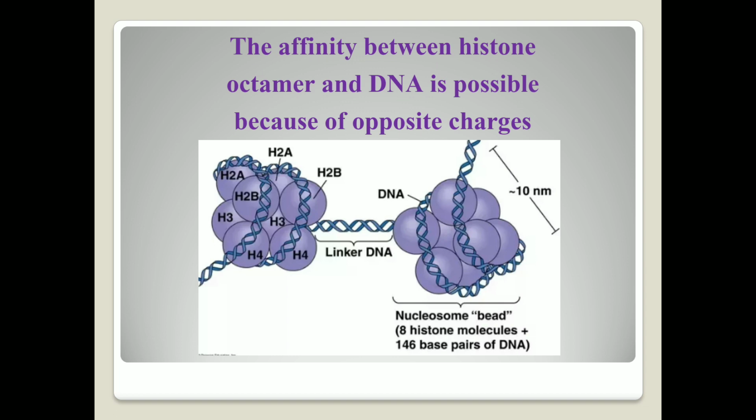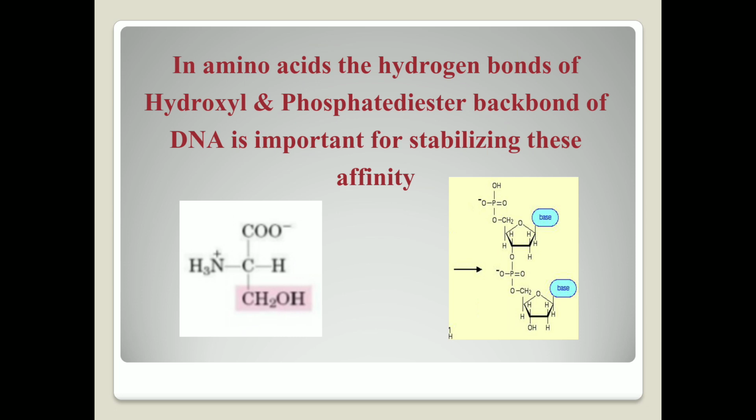This affinity between the histone octamer and the DNA molecule is possible because of their opposite charges. Along with that, the hydrogen bonds of hydroxyl groups in amino acids and the phosphodiester bonds present in the backbone of the DNA molecule are important for stabilizing this affinity.